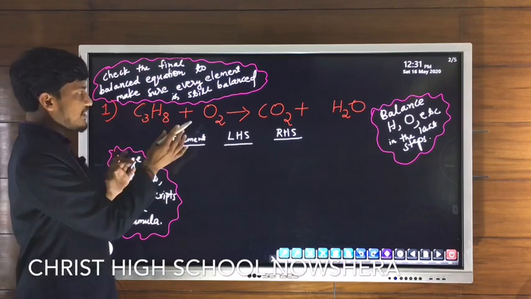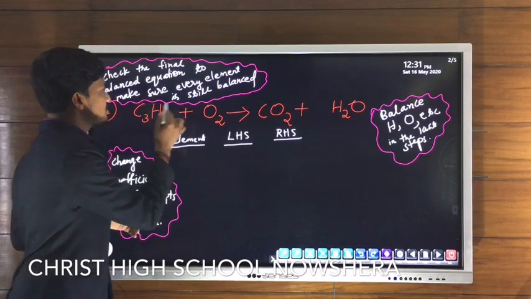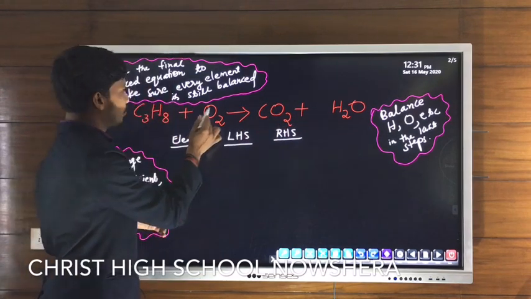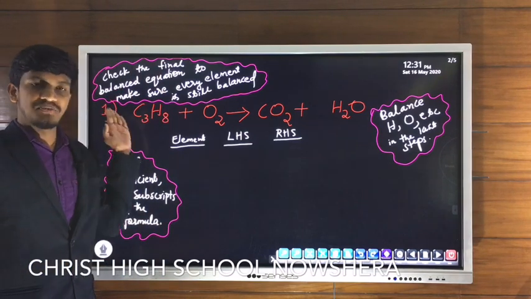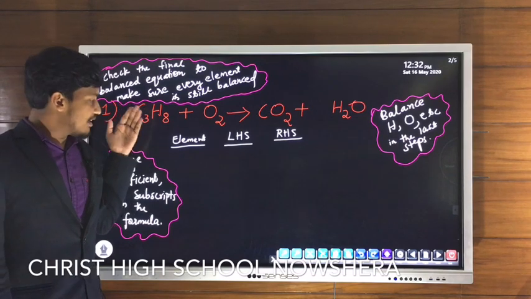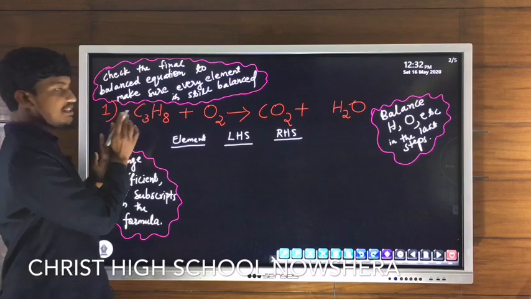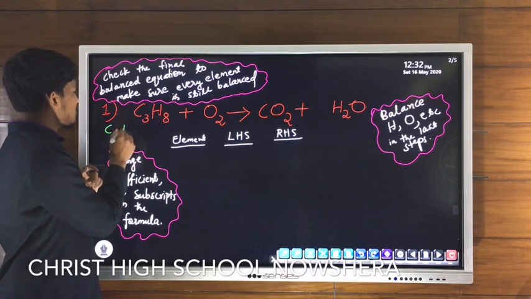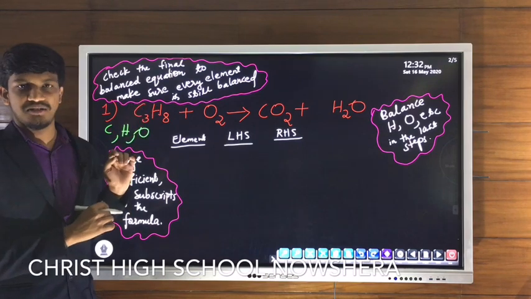So we have only three atoms in this case. C we have, H, then O. So the first step is we will list the different atoms present in this equation. Here we have only three elements, carbon, hydrogen and oxygen.